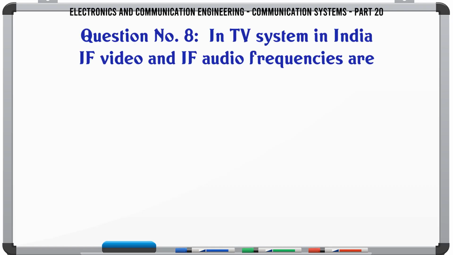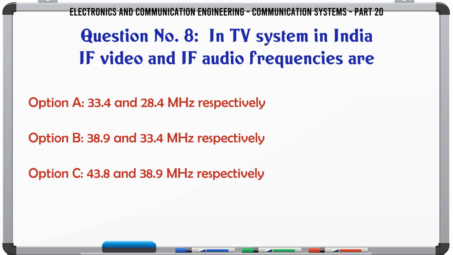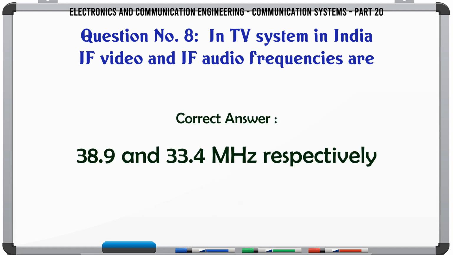In TV system in India, the IF video and IF audio frequencies are: A, 33.4 and 28.4 MHz respectively; B, 38.9 and 33.4 MHz respectively; C, 43.8 and 38.9 MHz respectively; D, 33.4 and 38.9 MHz respectively. The correct answer is 38.9 and 33.4 MHz respectively.